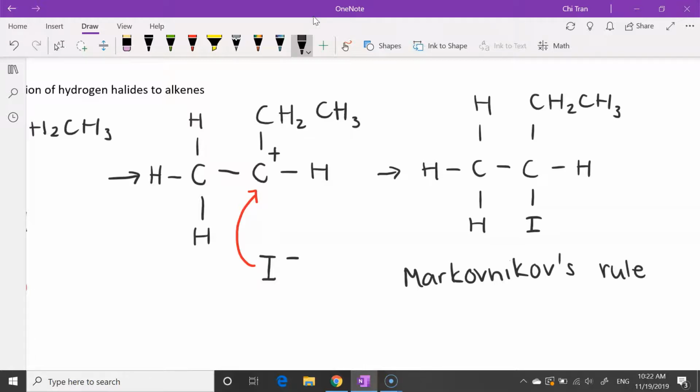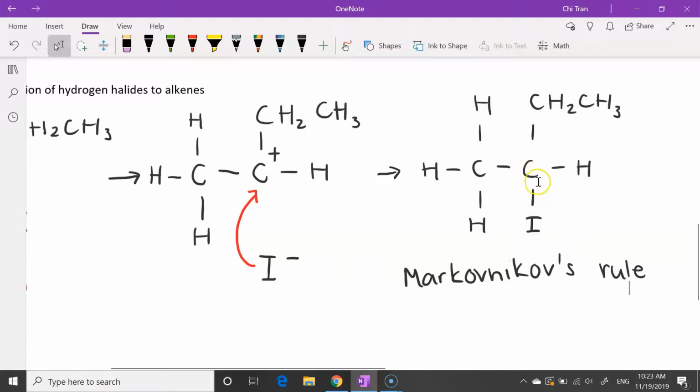A way to explain this is using Markovnikov's rule. So the hydrogen prefers the first carbon, the carbon that is bonded to the most hydrogen, so it is already bonded to two other hydrogen. Whereas the second carbon is more preferable for a halogen because it is bonded to the most substituent groups.